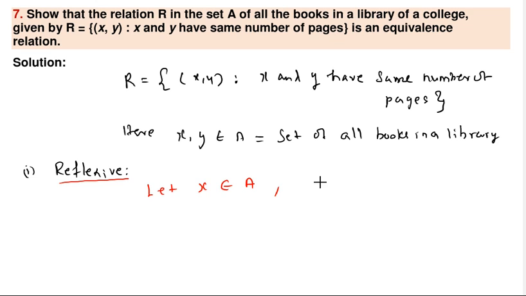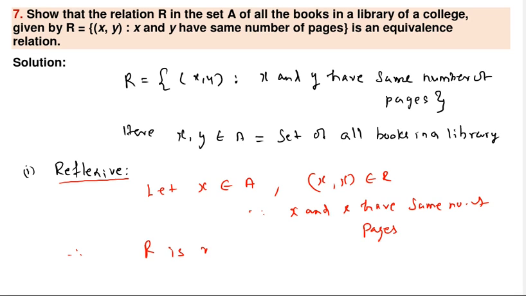Then (x, x) belongs to R, because x and x have the same number of pages. And therefore the relation R is reflexive.